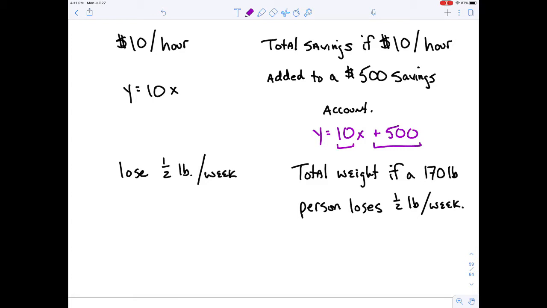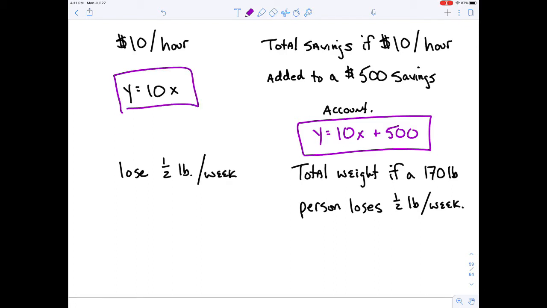So we have the amount I'm paid per hour, we have how much money I started with, and together, these two things form a linear equation. Once again, this is linear as well, but one is proportional and one isn't. This is not proportional.